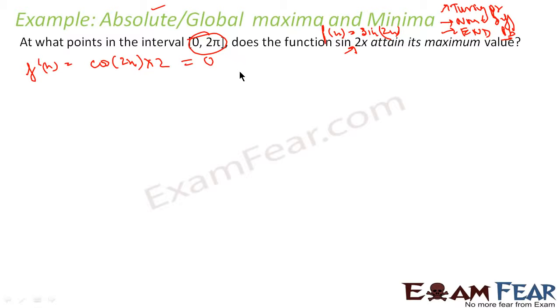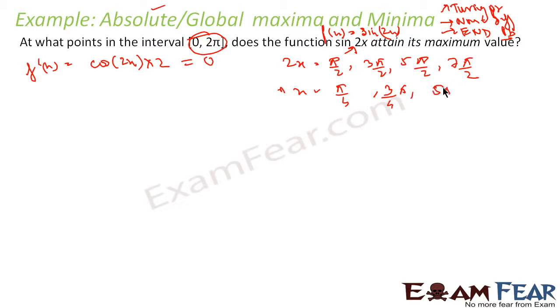If this is equal to 0, my 2x will be pi by 2, 3 pi by 2, 5 pi by 2, and 7 pi by 2. I am taking this range because I want x in the range 0 to 2 pi. So x is pi by 4, 3 pi by 4, 5 pi by 4 and 7 pi by 4.